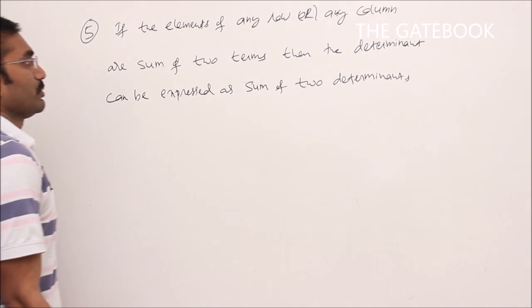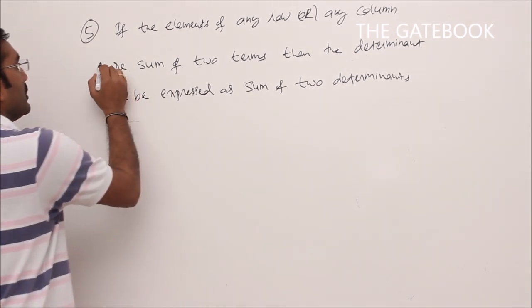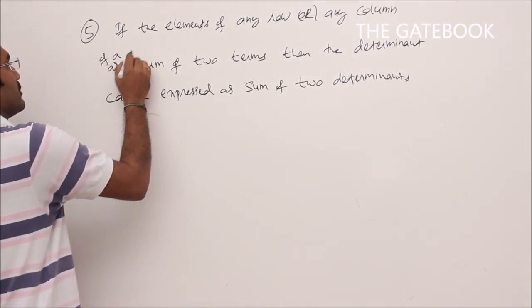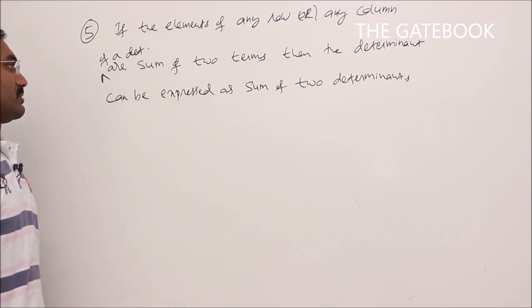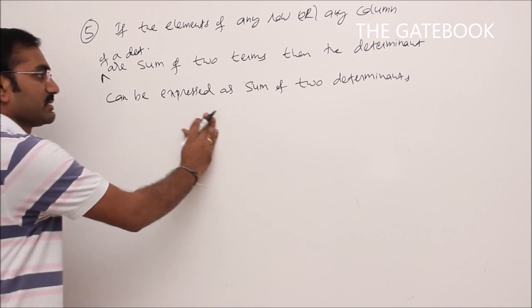The elements of any row or any column of a determinant are sum of two terms, then the determinant can be expressed as sum of two determinants.